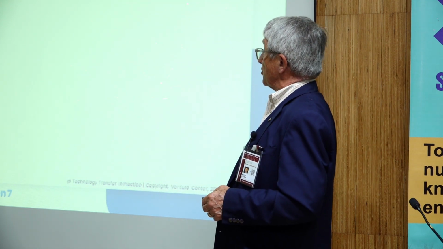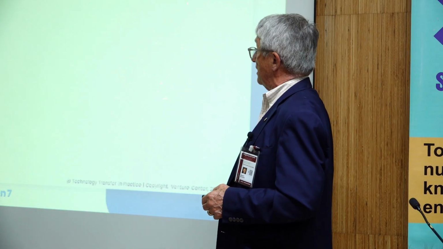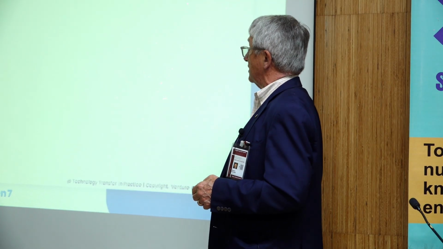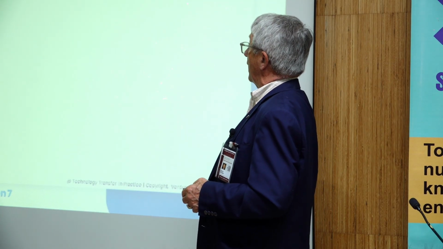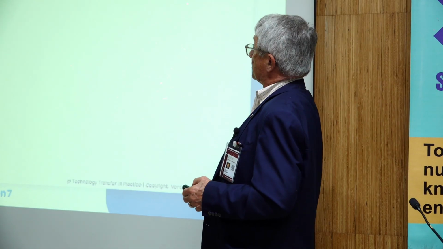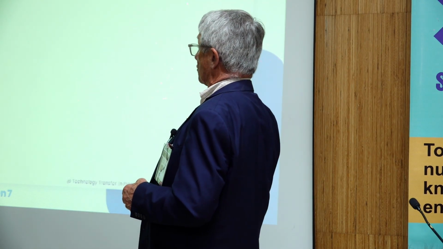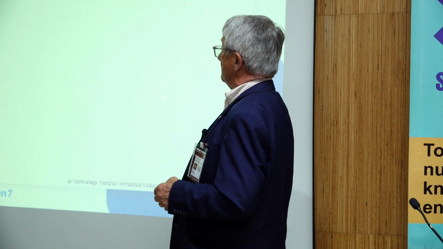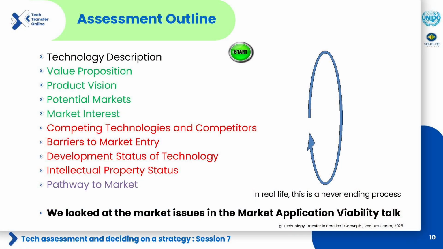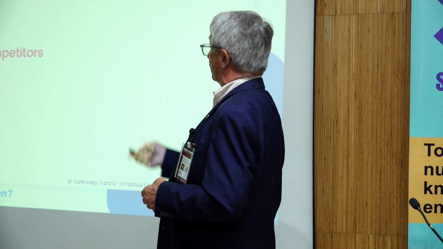So the process, the methodology, report format, ranking methodology, and outcomes. You start with a technology description. You've got to come up with the value proposition, develop a product vision, look at the potential markets, the market interest. These are all the things that can say, yep, this is good.